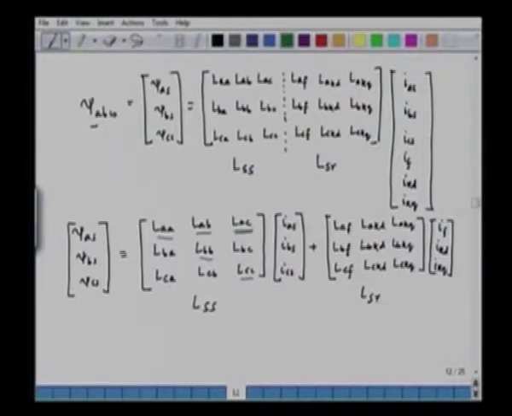Now, these represent the mutual inductance between two phases, the mutual between phase A and B, the mutual inductance between phase A and C, and so on. So, we will first consider the self inductance terms, and then we will talk about the mutual inductance terms, which mean the coupling between two stator phases of the synchronous motor.